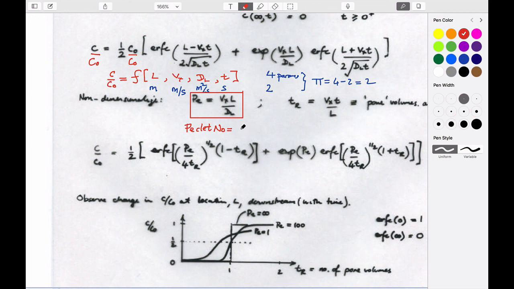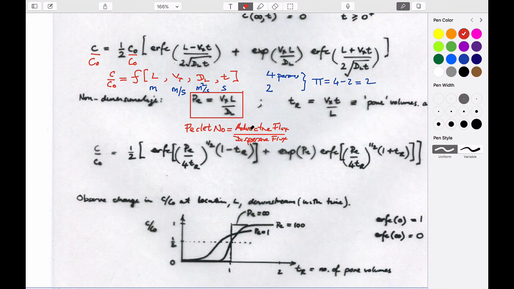This is the ratio of advective flux, with an L, to dispersive flux. Can you see that, by the way? Yeah, you can see. This is the advective flux, and this is dispersion on the bottom. And so that's an important number.